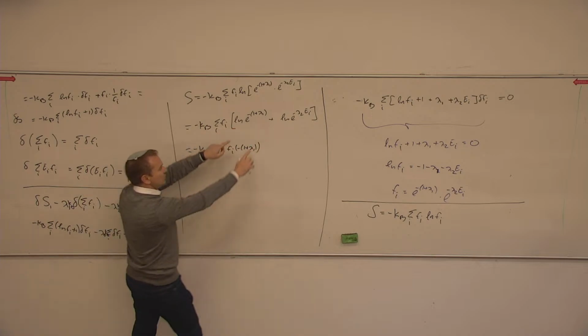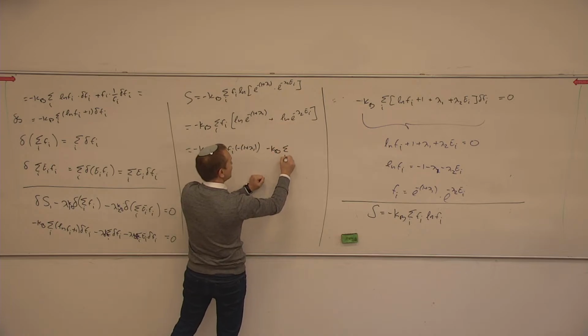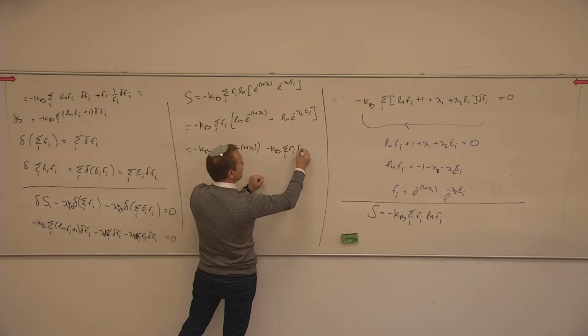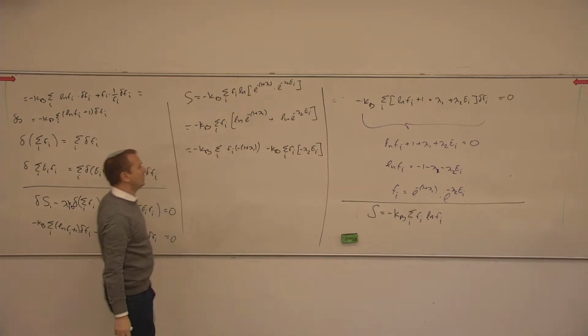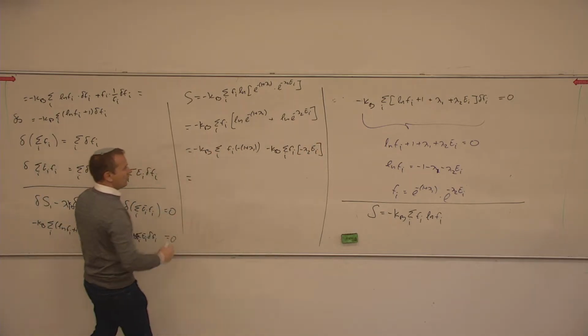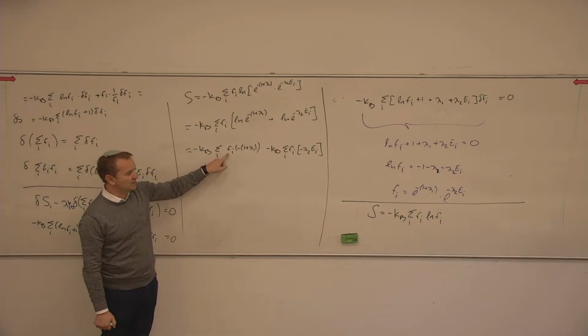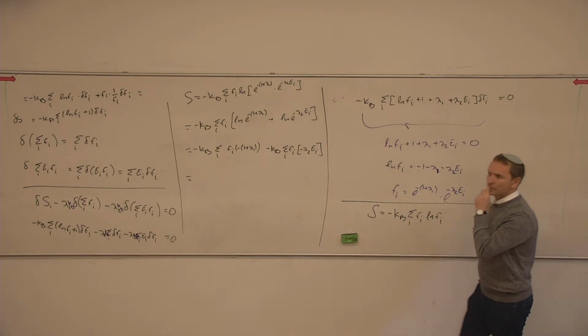The same I do with the other logarithm: minus k Boltzmann sum over i f_i, and here I have minus lambda 2 E_i. This is why I kept f_i and haven't substituted its expression.